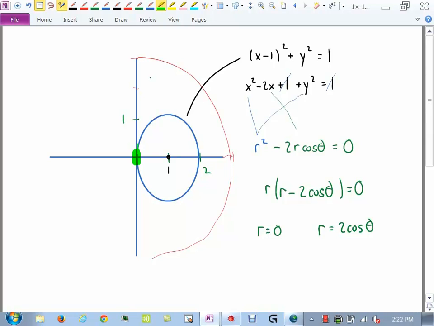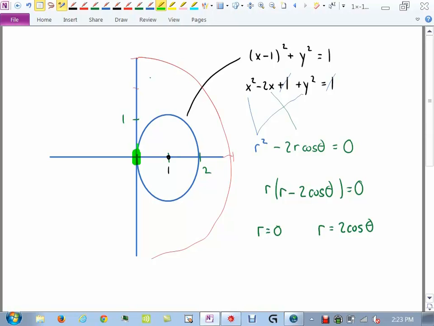And everyone tells me, okay, we're going to plug theta in and then tell you how far to walk out. So right now, if theta is 0, look at this equation only. R equals 0. If theta is 0, how far do I walk? I don't. Okay, now if theta is, let's say, pi over 4, how far am I supposed to walk?